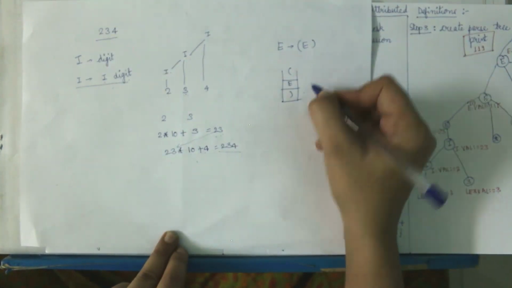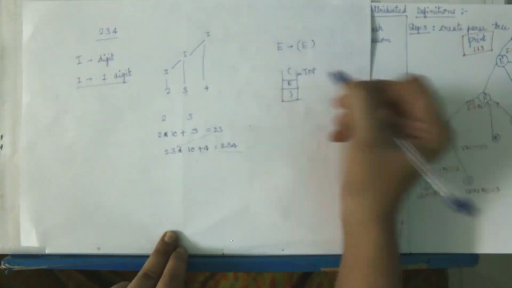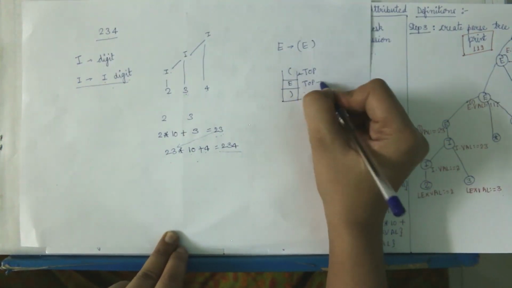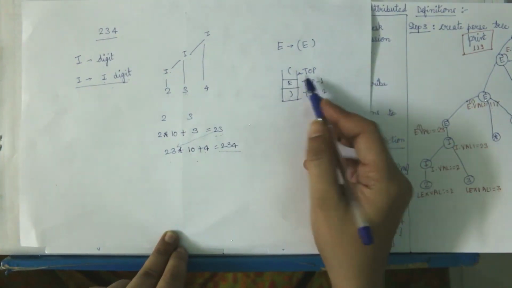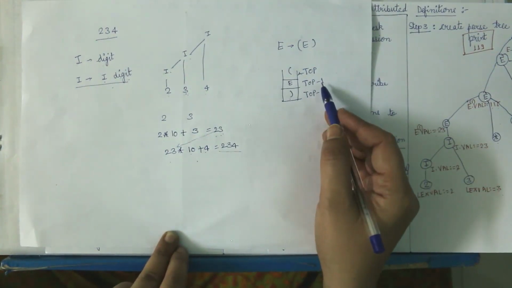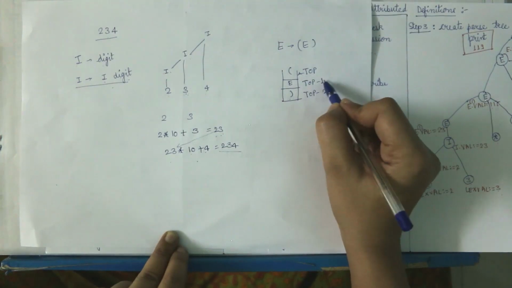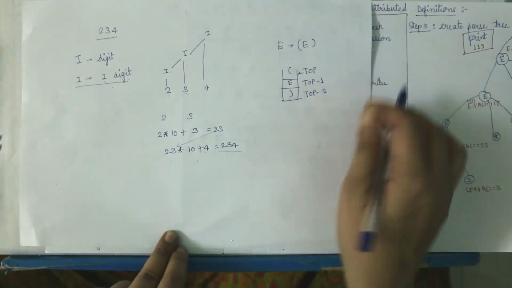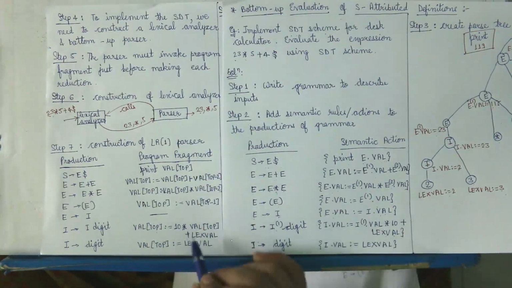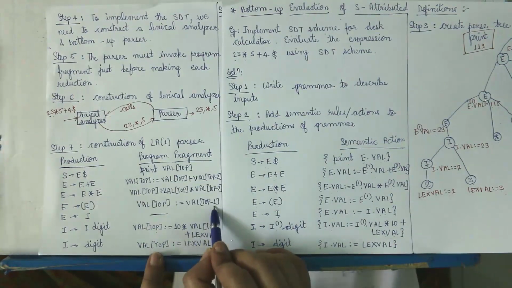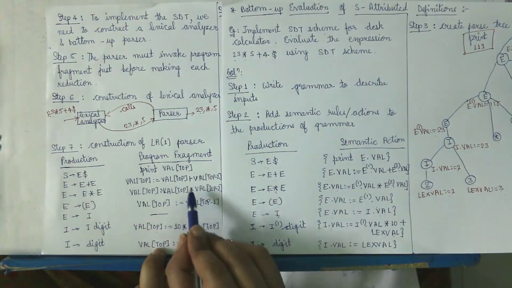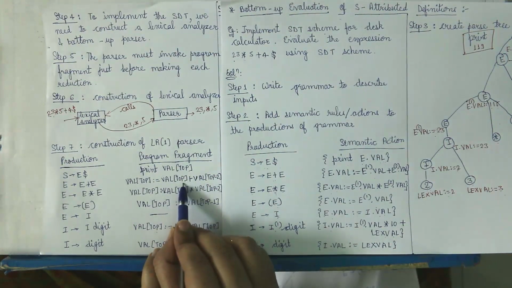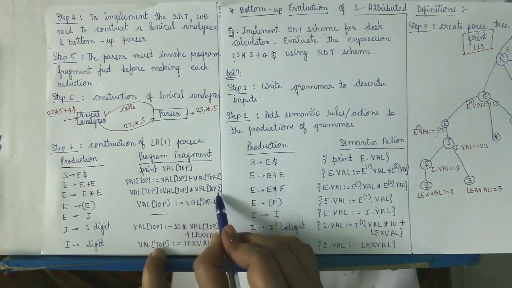Now this is the top, this is top minus 1, this is top minus 2. Brackets are not needed, because once we solve the bracket we will not be using them for further evaluation. So now we are only interested in the top minus 1 value. That is what is represented here. We are interested in the value at top minus 1 if there is a bracket. Now if there is multiplication or addition, we are interested in the top as well as top minus 2 values.